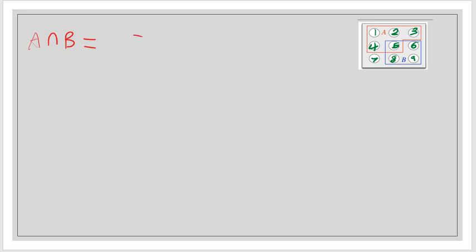So does that mean my intersection is 5? No, it means it is a set containing 5.